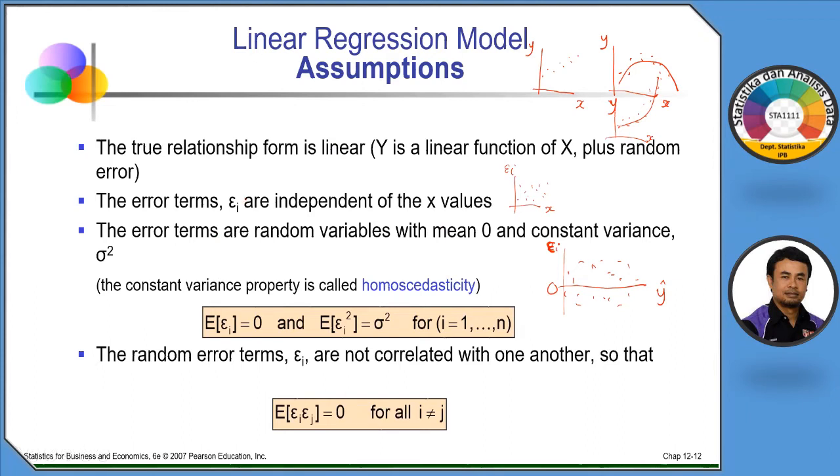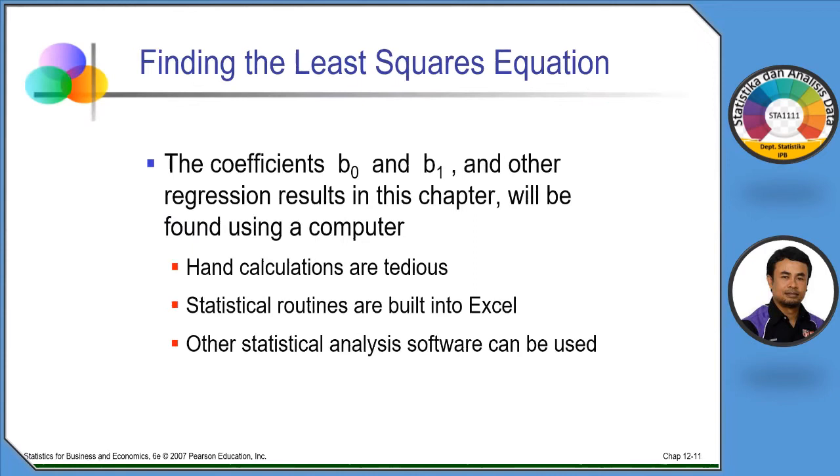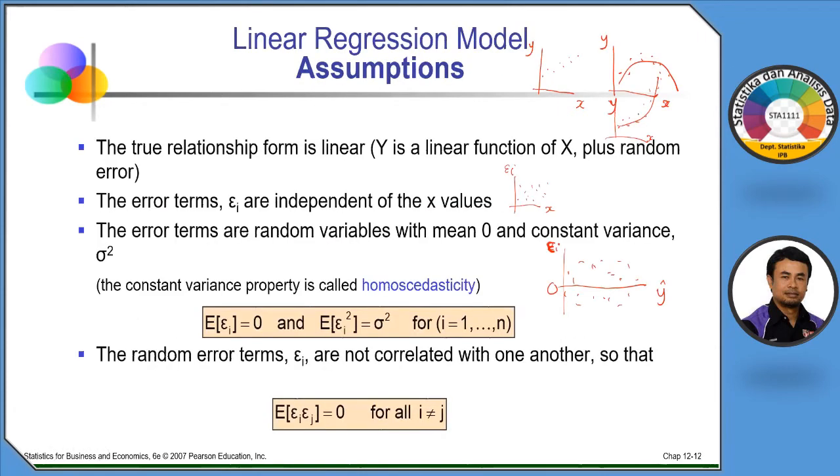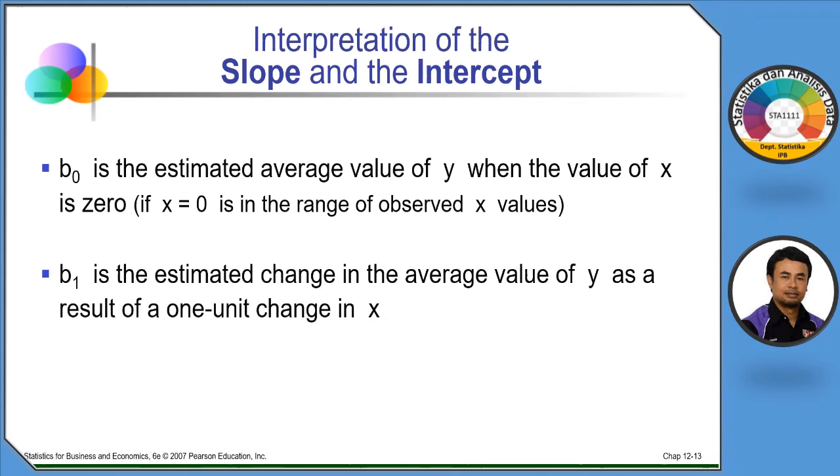In practice, what you need to understand is how to find b0 and how to find b1, and also the way how to interpret the linear regression equation that we have obtained. So later we will discuss about that. Okay, so let's see. Here is how to interpret the slope and the intercept.